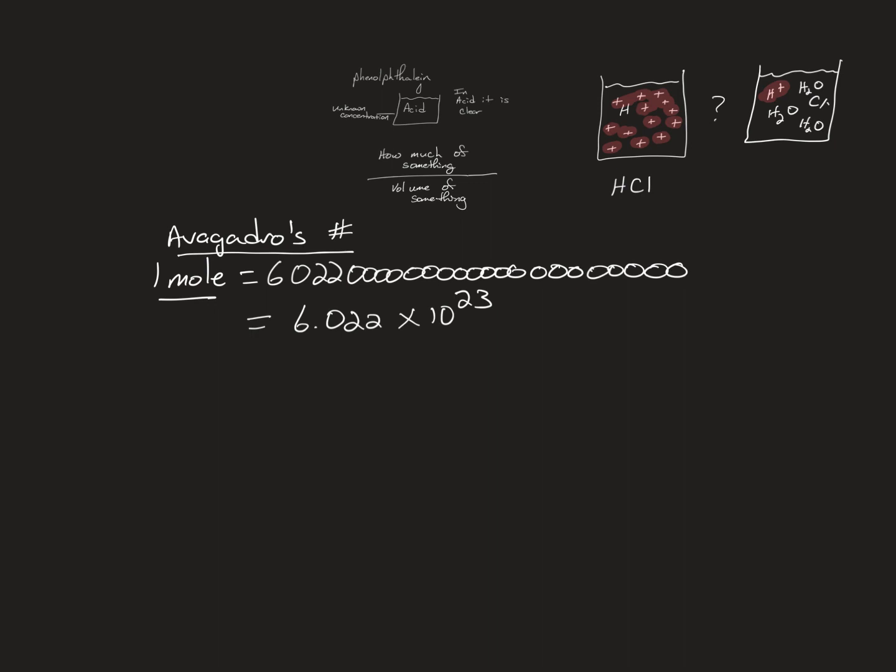So Avogadro's number is a really large number. It's 1 mole. So the question is, if I know that, now what happens if I have an NaOH, sodium hydroxide, that has a known concentration?